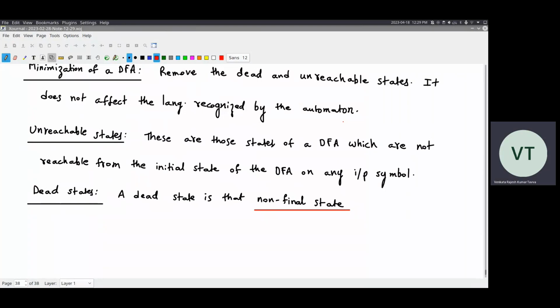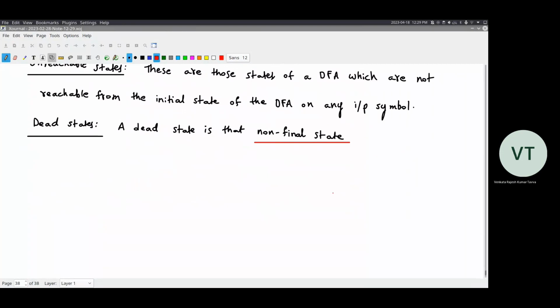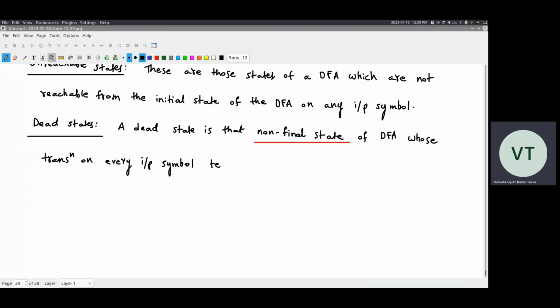A dead state is that non-final state of DFA whose transition on every input symbol terminates on itself.